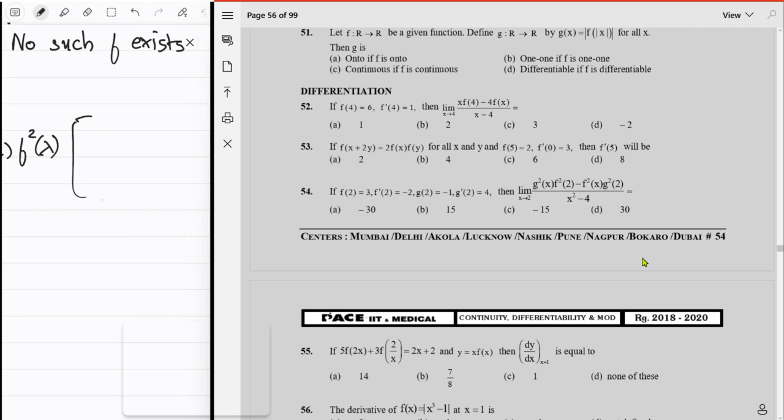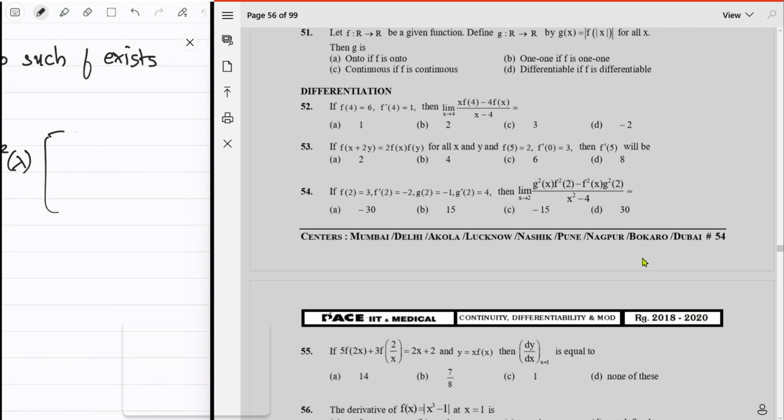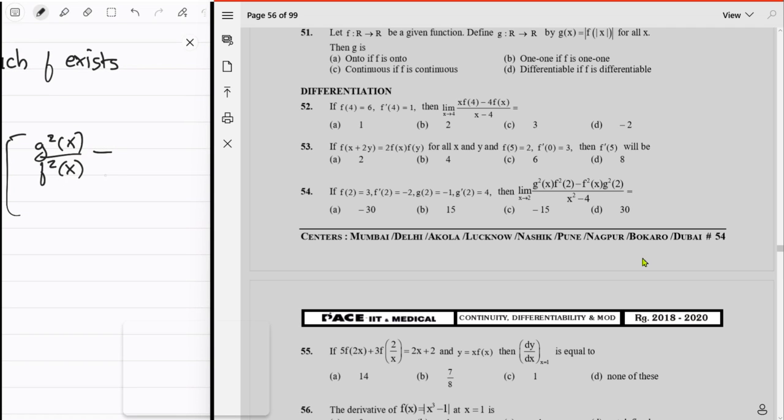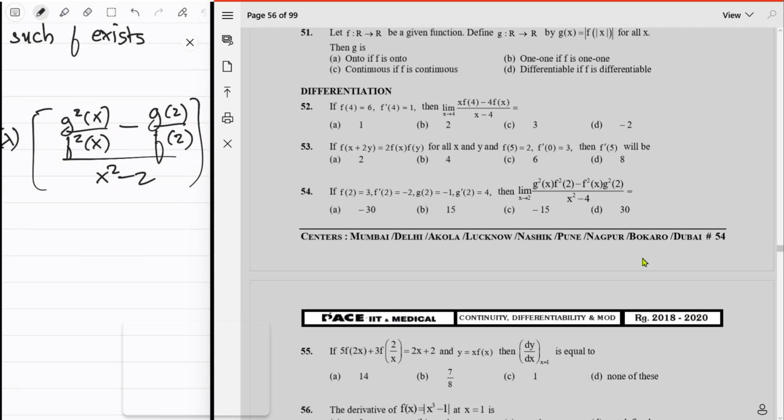So then this just becomes what? g squared of x upon f squared of x minus g squared of 2 upon f squared of 2, upon x squared minus 4. And just say that g of x upon f of x, that's our h of x.